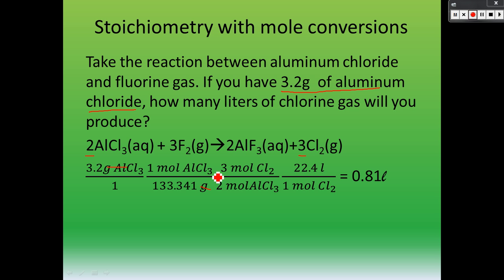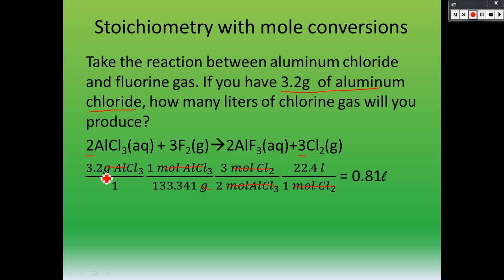Then I'm going to go from my moles of aluminum chloride to moles of chlorine gas. So 2 moles of aluminum chloride, that's from here, gives me 3 moles of chlorine gas, that's there. Then I can convert my moles of chlorine gas to liters, so I know 22.4 liters is 1 mole of chlorine gas, because that's our volumetric conversion for gases at STP.